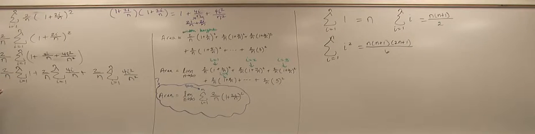And then for each of these, well, this guy's done. He's done because he's just a 1. But in here, I have more constants I can pull out now. So what can I pull out here? 4 over n.